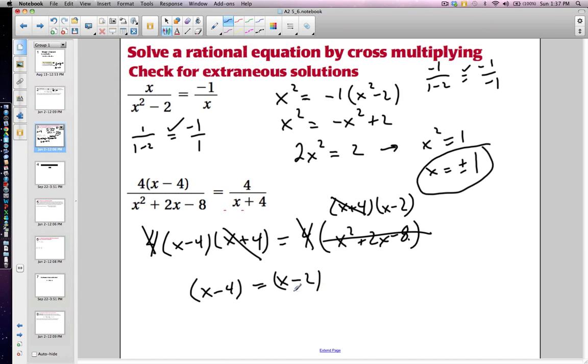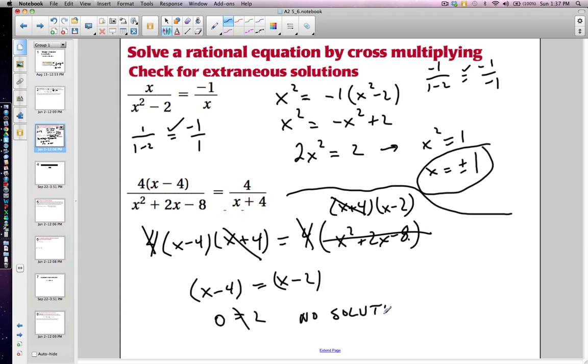When I try to continue through, first off, this should strike you as strange. How could x minus 4 be equal to x minus 2? How is that possible? When I subtract x from either side, I get negative 4 equals negative 2, and when I add 4 to either side, I get 0 equal to 2. That is never true. That is not possible. This is a circumstance where there is no solution.